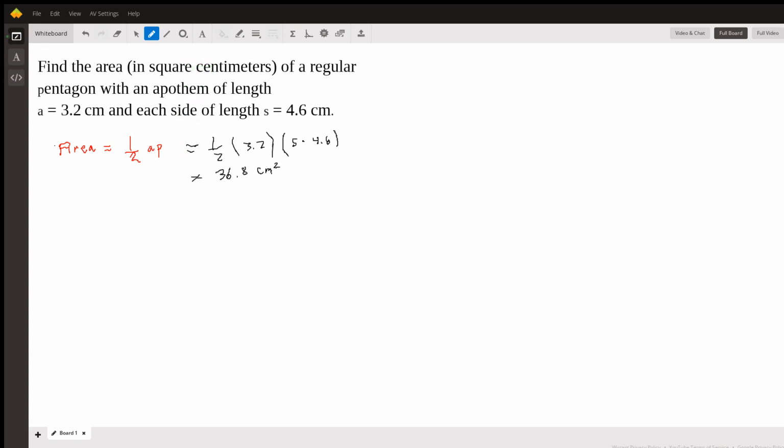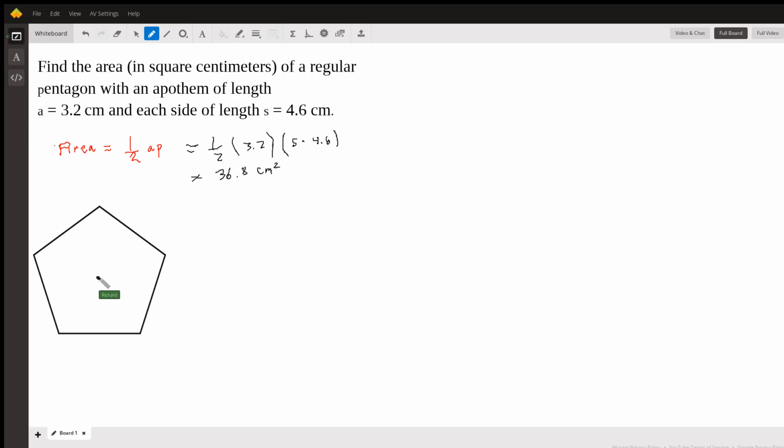And I actually have a pentagon shape on this platform from Wyzant here. So let me grab that, move it over a bit. I want to make it a little bigger too. Okay. Well, let's take a look at this guy.